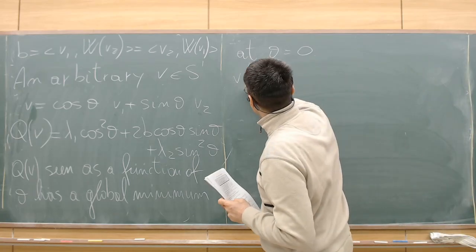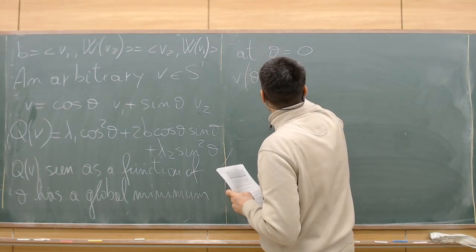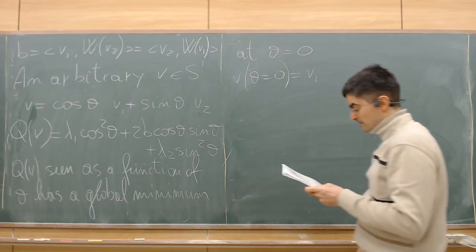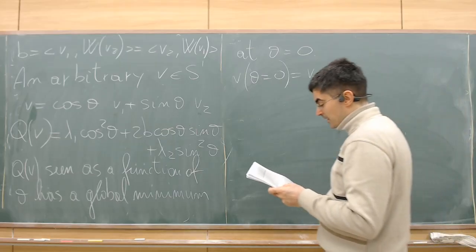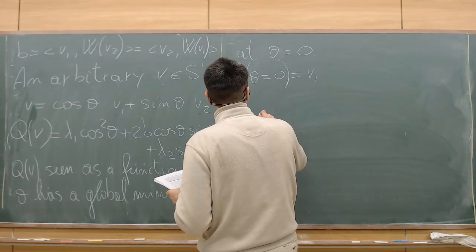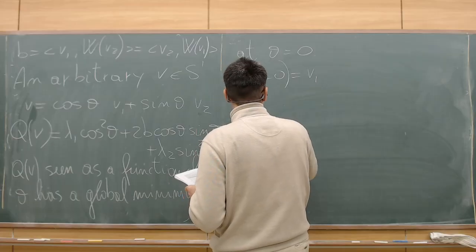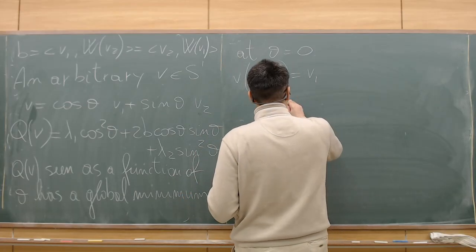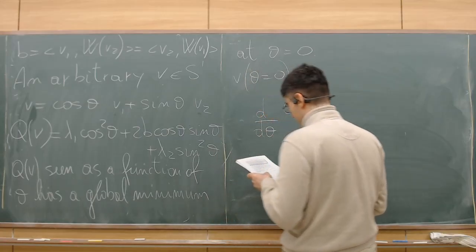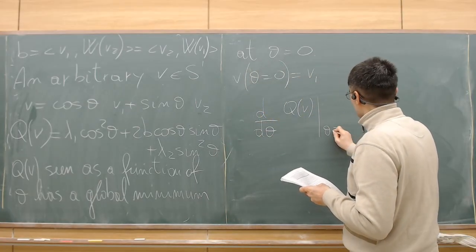But V of theta equals 0 is V1. Then what happens if we compute the derivative in theta of QV at theta equals 0?